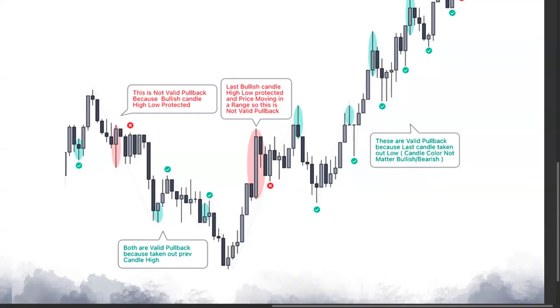You can annotate here. Let me enable this one. Okay, so now you can annotate here.